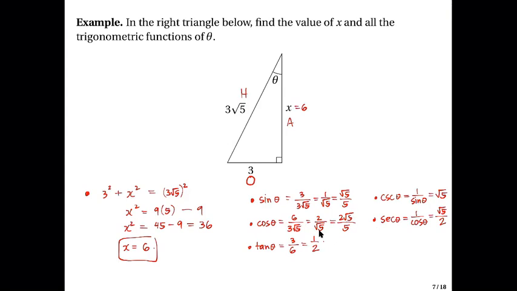And finally, for the cotangent of theta, this is the reciprocal of tangent theta. And this is your tangent theta. So if we get the reciprocal, that's equal to 2. So these are the 6 values for the trigonometric functions of theta.